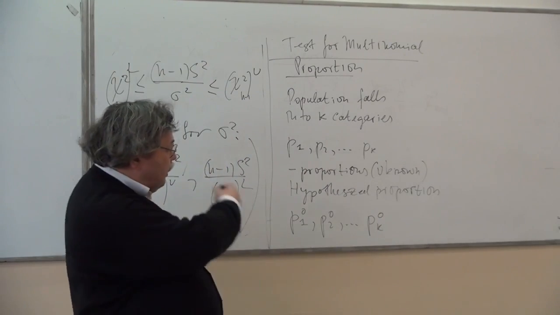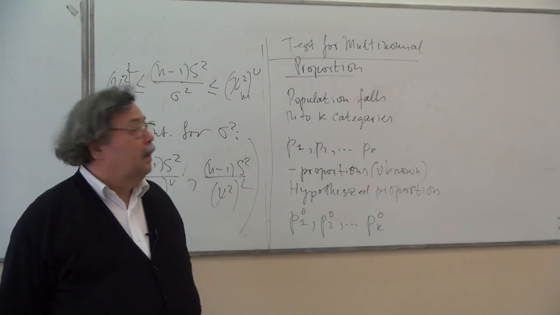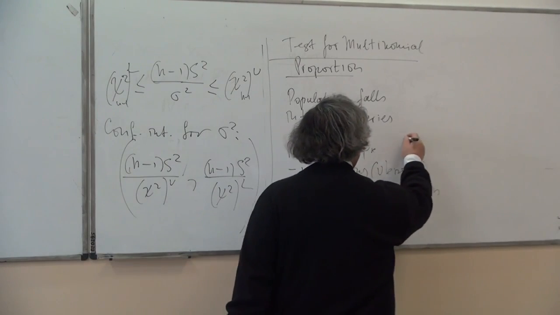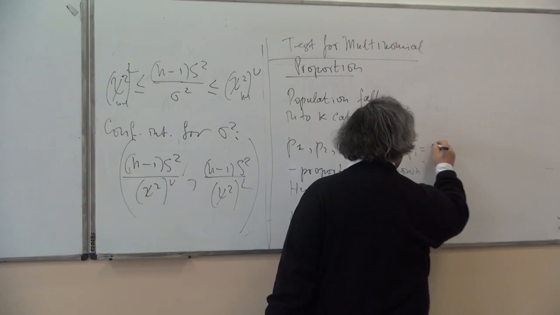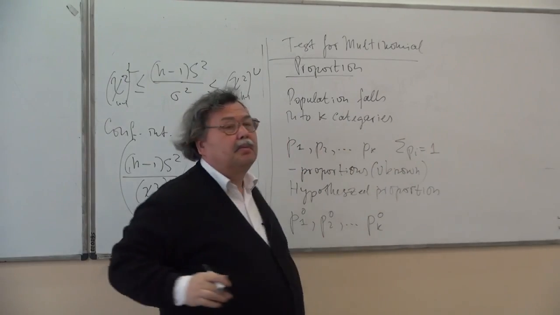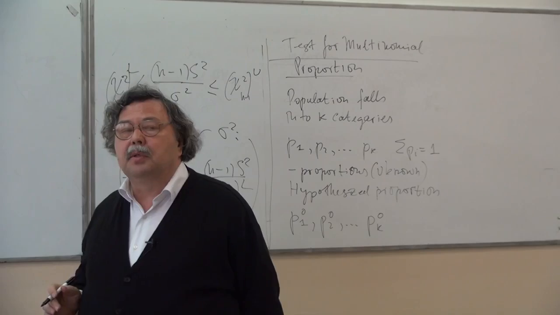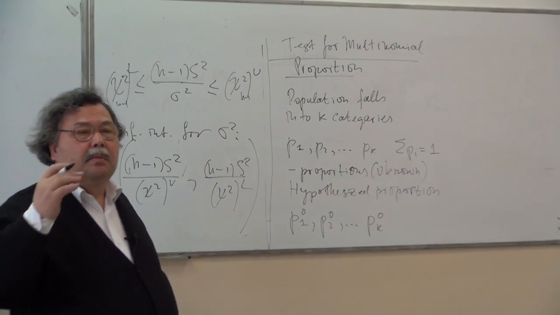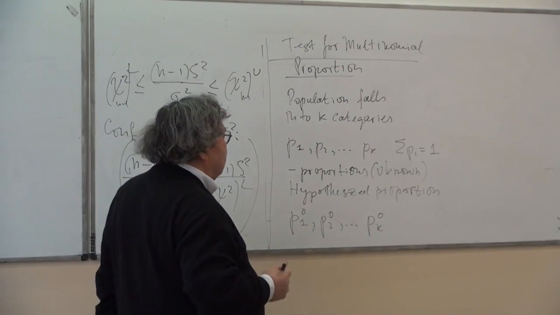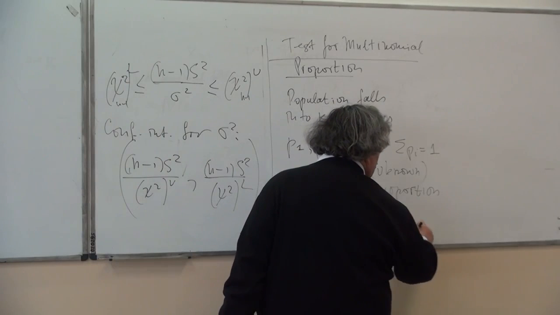So there is a certain row of numbers, and by the way, because these are the proportions that apply to the same population, the sum of all pi is 1, and the same is true for these hypothesized proportions.